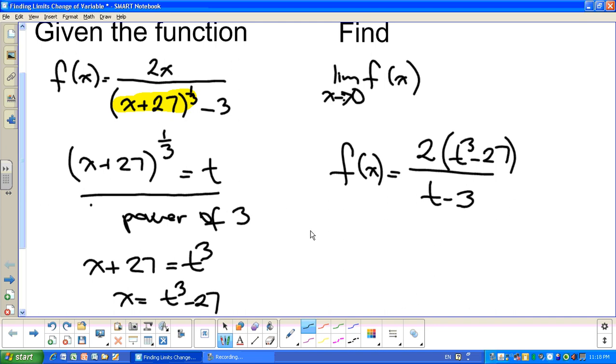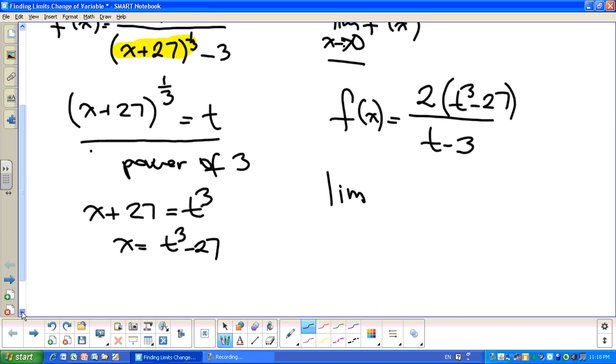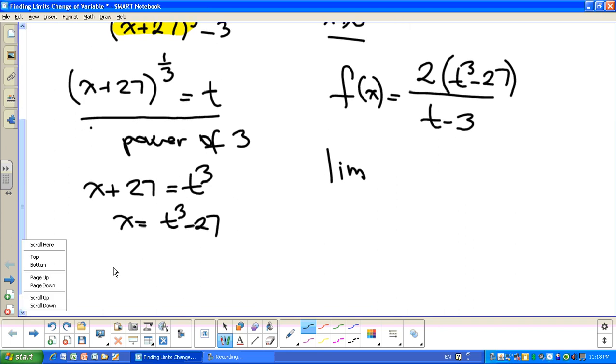Okay, so I can evaluate the limit, but the limit is as x approaches 0. I don't have x anymore. I have to see what happens with t as x is approaching 0. As x is approaching 0 here, x is approaching 0 right here. 0 plus 27 is 27.